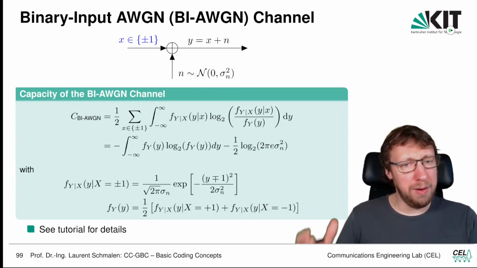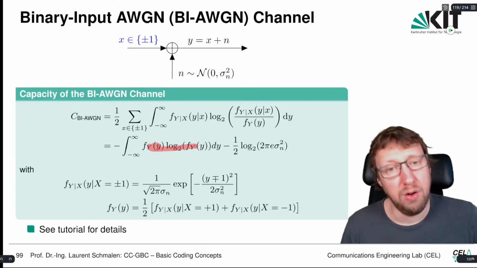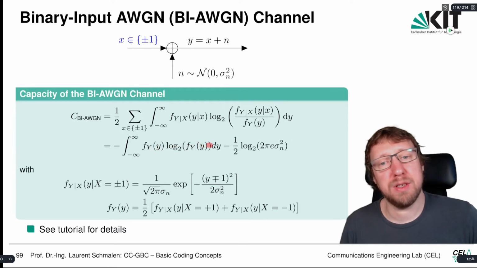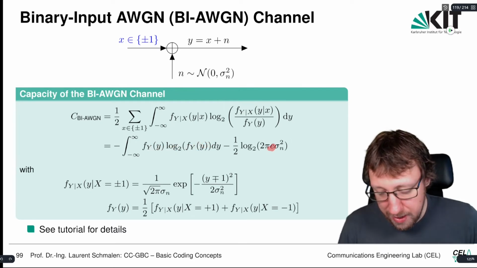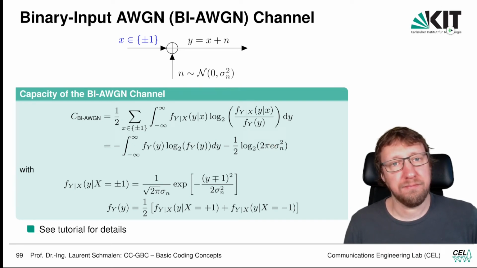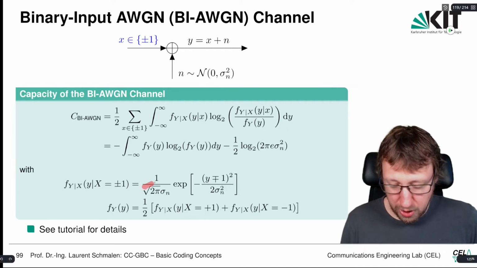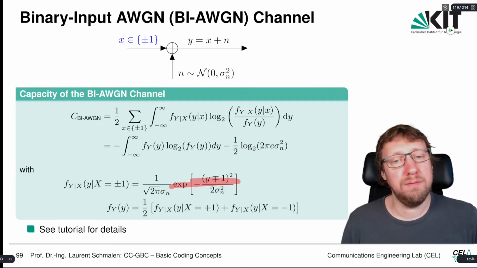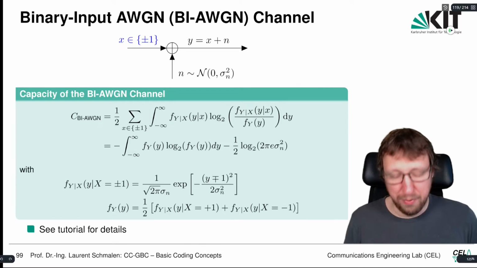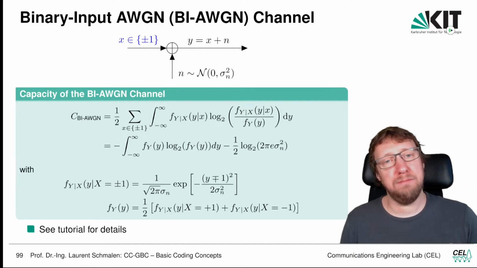We can simplify this a little bit to be equal to minus the integral of f of y times log 2 f of y dy minus 1/2 times log 2 of 2 pi e, Euler's e, times sigma n squared. And f of y given x is the usual Gaussian distribution, and f of y is just 1/2 times f of y given x equals plus 1 plus f of y given x equals minus 1.